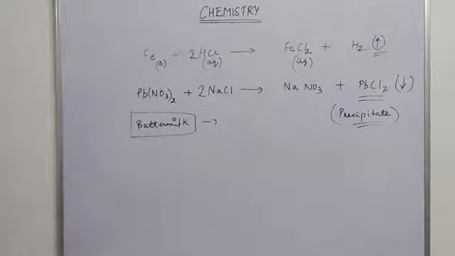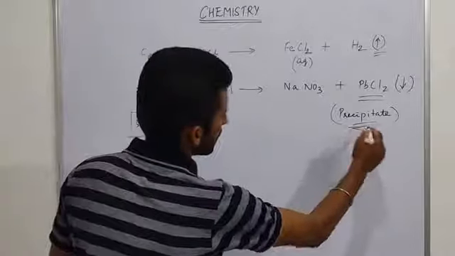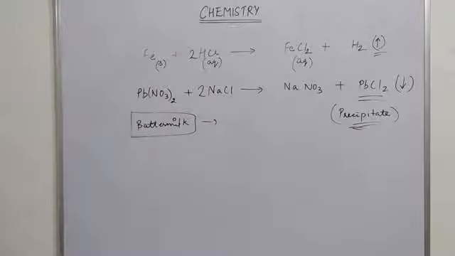So that particular is known as precipitate. The substance which is not mixed, which is separable, we can call precipitate, and precipitate is always indicated with an arrow pointing downward, and the upward arrow represents the gaseous product.